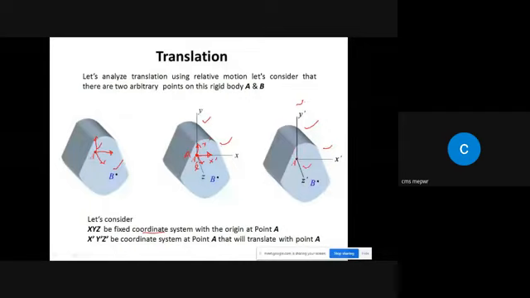Means if this object moves, definitely point A will move. So these coordinates x dash, y dash, and z dash will also move with point A. So that's why I have shown over here that x, y, z is a fixed coordinate system with origin at point A, and the x dash, y dash, z dash coordinate system at point A will translate with point A if point A translates.